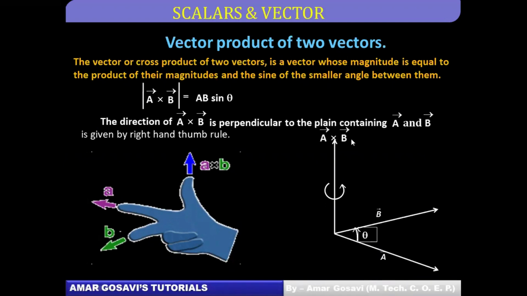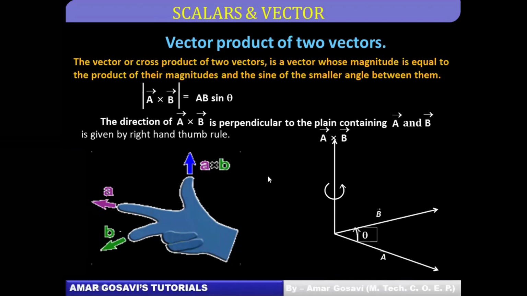That means if I change the order and move from B to A, then B bar cross A bar will have a direction downwards, isn't it? Therefore, the direction changes, and therefore A bar cross B bar will not be equal to B bar cross A bar.